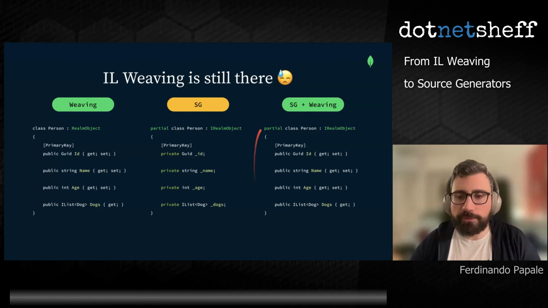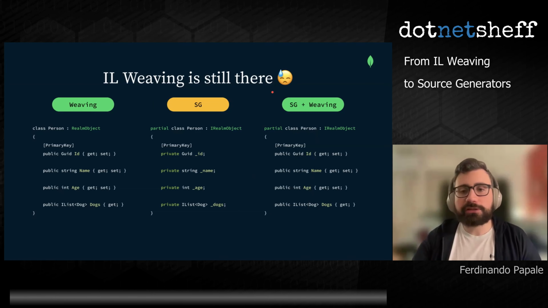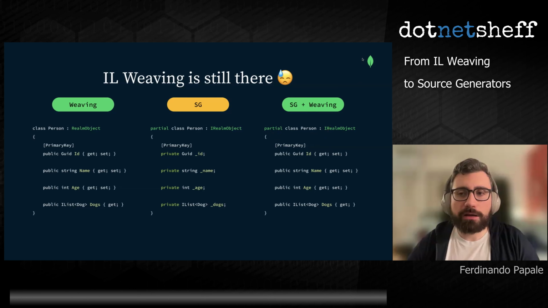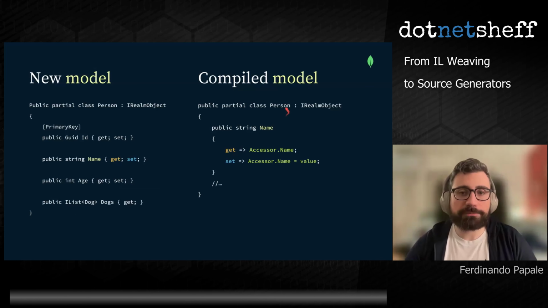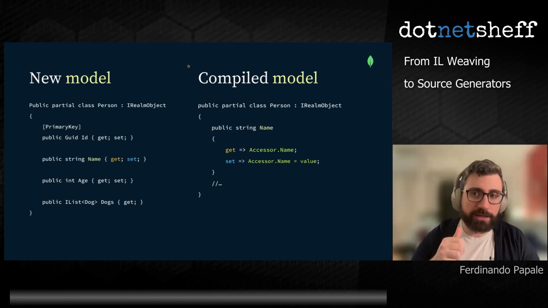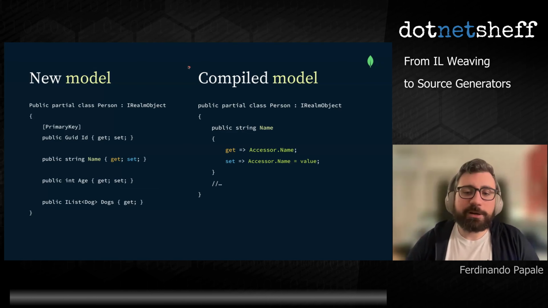This is the one that I've shown you before, where you are still using the same properties as before, and the only difference is this partial keyword and this IRealmObject interface. I just said this is a mixed approach because we still use a little bit of weaving, and we're still using the weaving to modify the setters and getters.